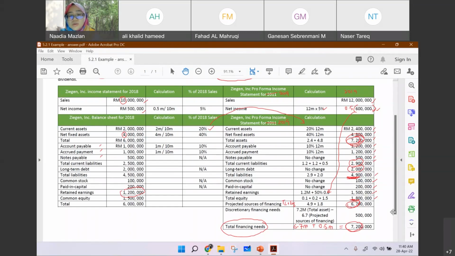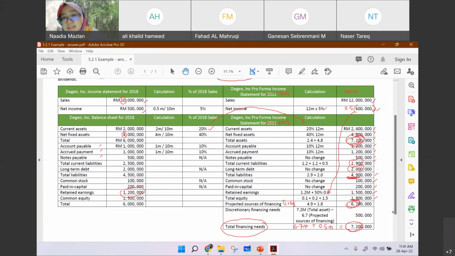My understanding about total financing need is how much financing you need for the next year. So since you have a projected net income of 100,000, your financing need is only 500,000. So basically you are okay, like you have a surplus of 100,000.